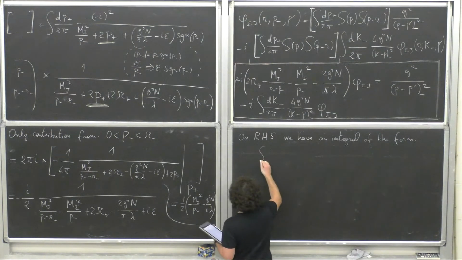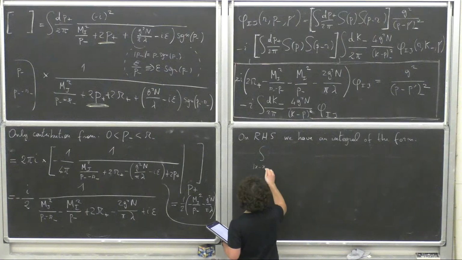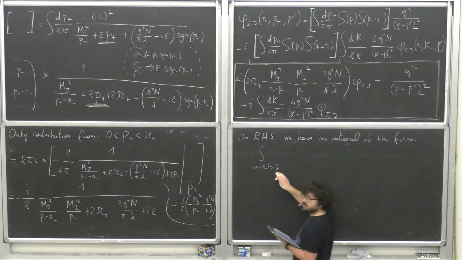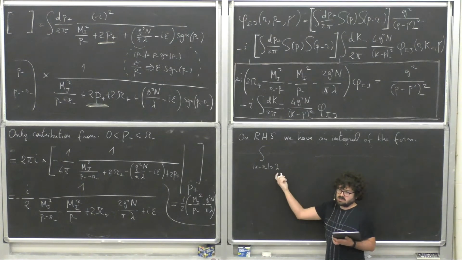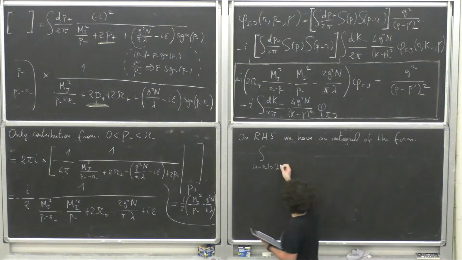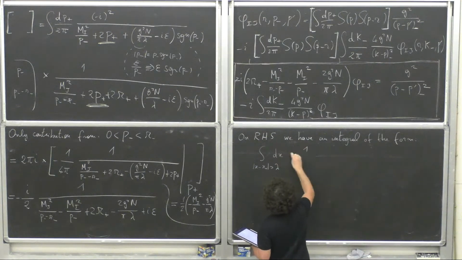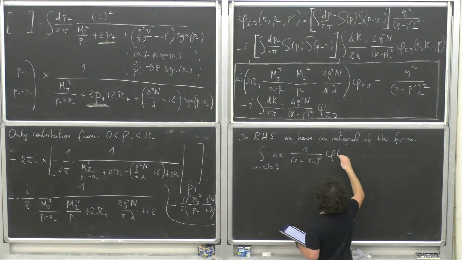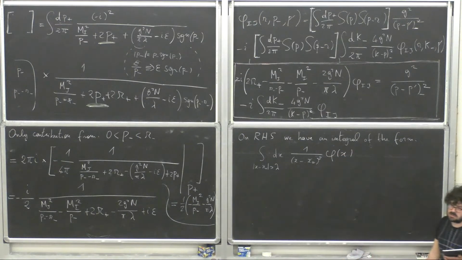So the integral is something like this. So with our IR cutoff, call it lambda, we are carving out some small interval around the divergent piece, and we have an integral like this. Okay, so now I'm just writing phi of x to simplify the notation.